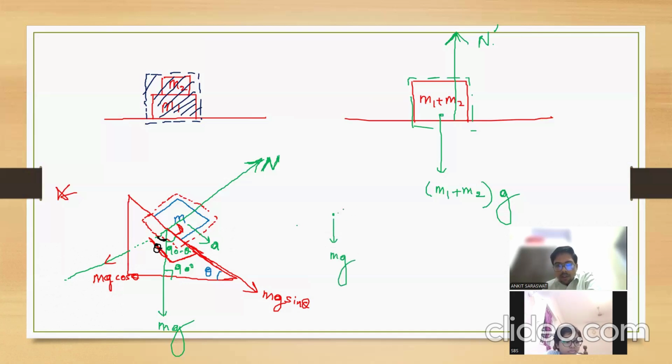This is theta, this is theta. Then mg cos theta and mg sin theta.